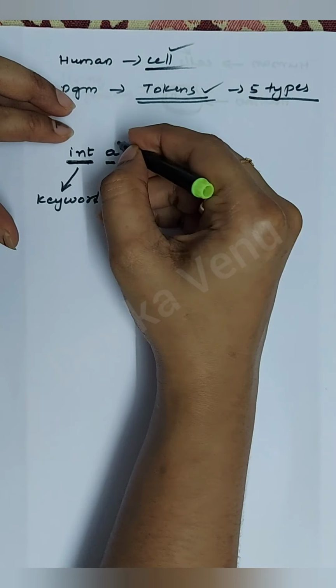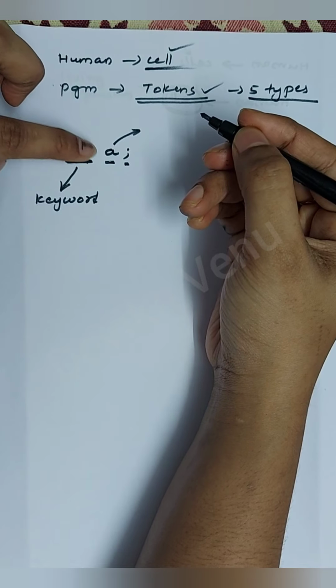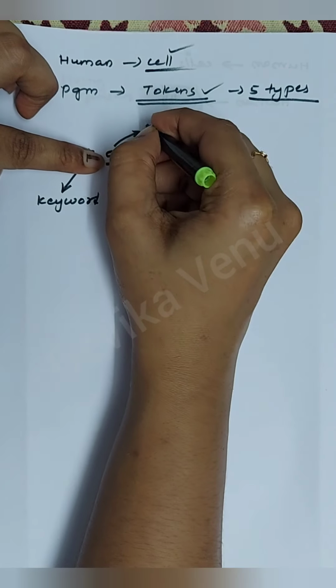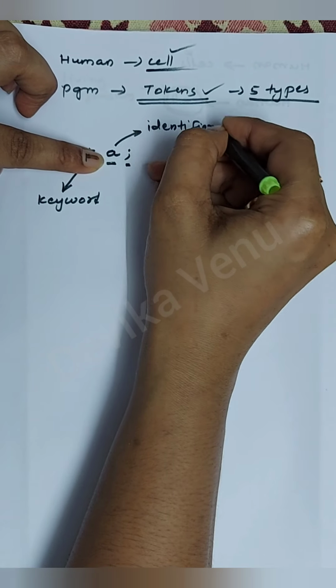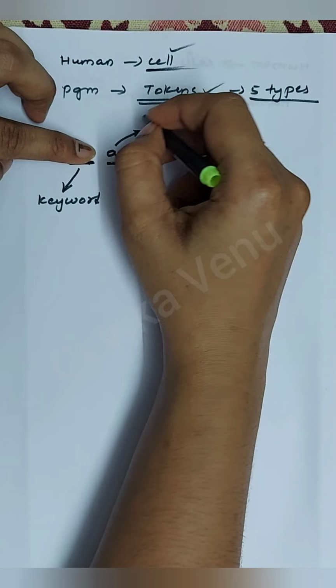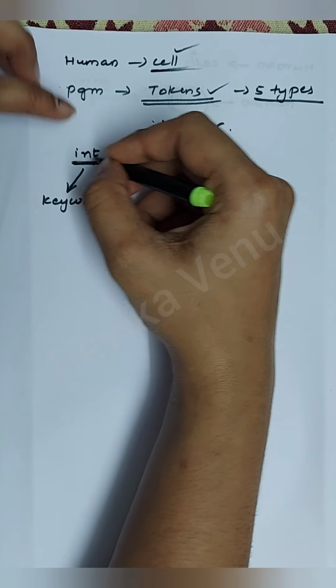Okay, and the second one, I have taken a small letter a. This is known as an identifier. It is a variable, which means that I can give any name after int.